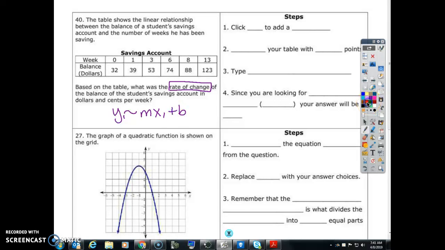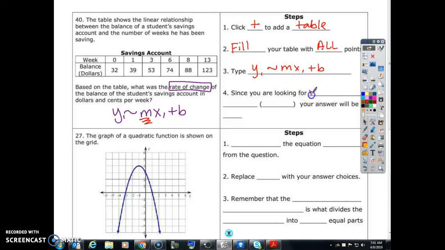It's asking you for the m. Okay? So on Desmos, you're going to hit the plus button to add a table. You're going to fill in the table with all your points. Then you're going to type y1 approximately mx1 plus b.